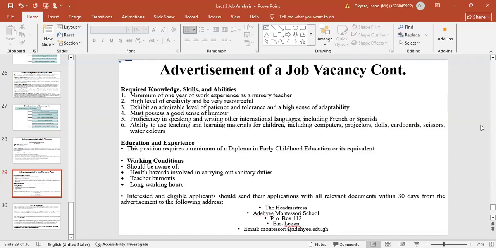They will consider everyone who qualifies for the job, and after looking at it, if they are not getting anyone, then they will consider you.